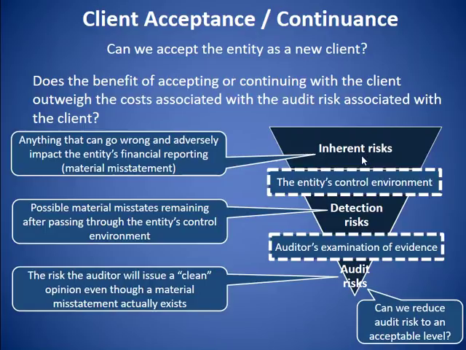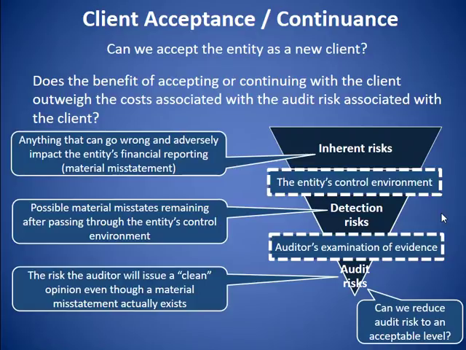In other words, they've anticipated these particular risks and they have policies and procedures or other methods of mitigating many of those inherent risks. So these inherent risks get filtered out to some extent in the company's internal control environment. But the control environment is not necessarily perfect. We'd like it to be perfect, but it isn't.